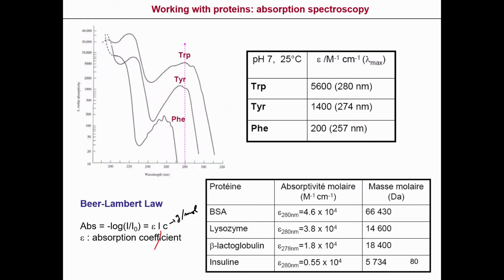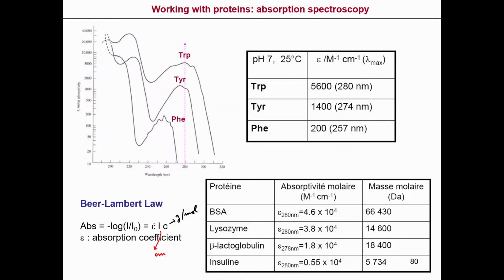L corresponds to the path length, in centimeters, the distance through which the light passes. Usually it's 1 centimeter.